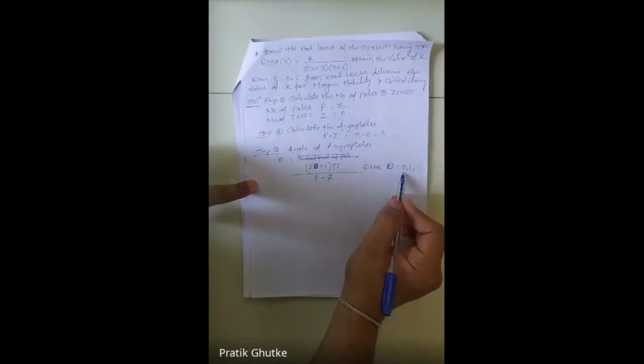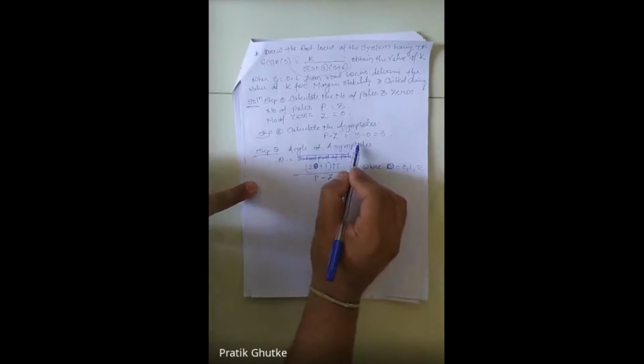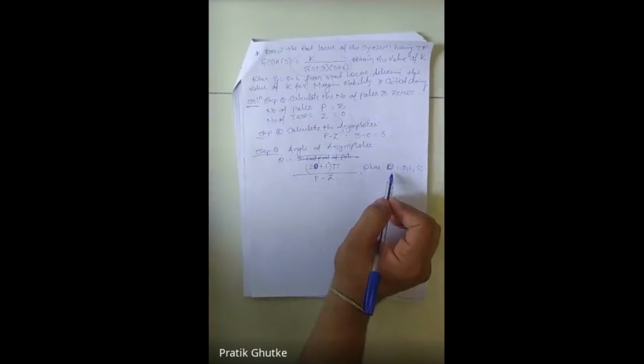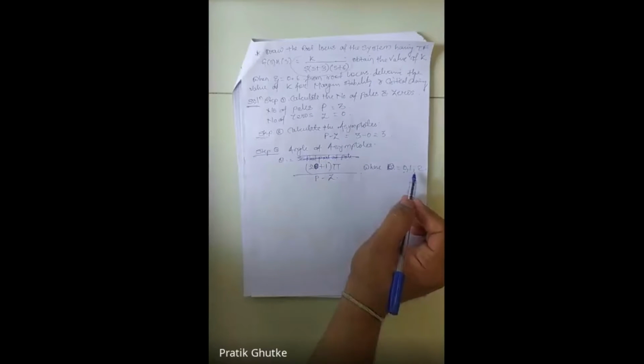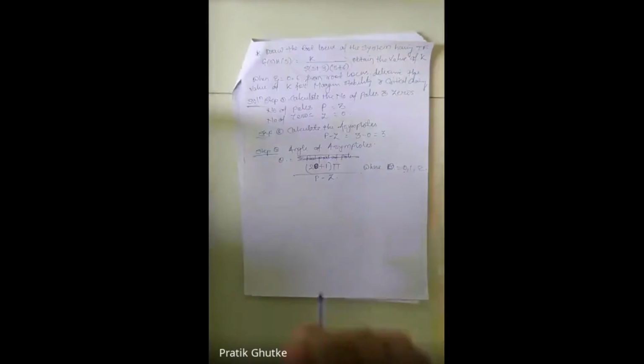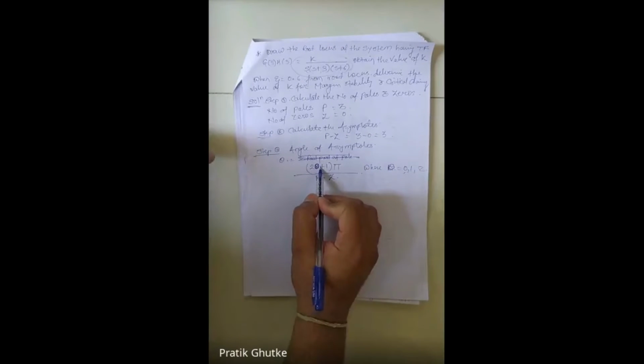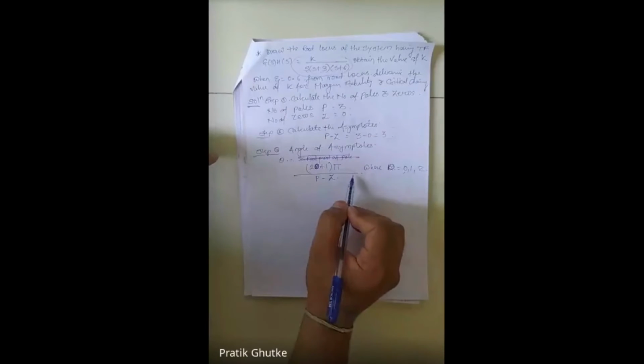Why 0, 1 and 2 in this case? Because only 3 asymptotes are there, so we go for 0, 1, 2 and not 1, 2 and 3.